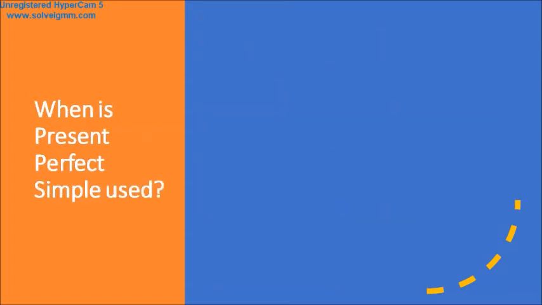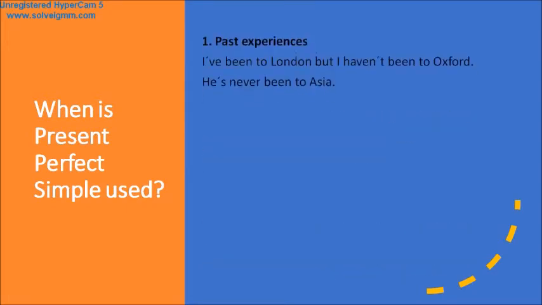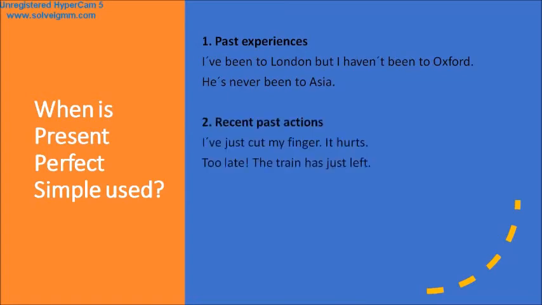When do we use the present perfect simple? First, to talk about past experiences, such as I've been to London, but I haven't been to Oxford. He's never been to Asia. Second, when talking about recent past actions, I've just cut my finger, it hurts.